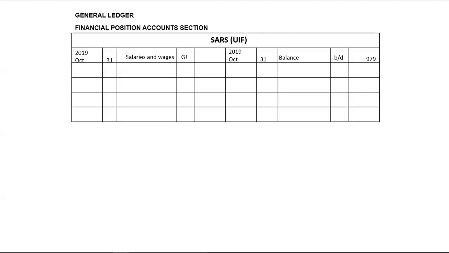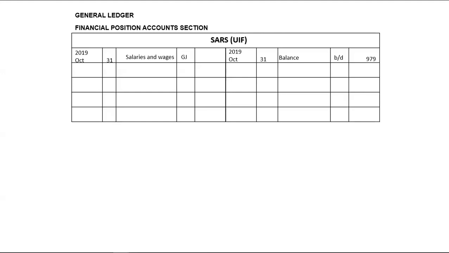The reason why I'm writing there salaries and wages and not separate accounts is because you were told that it will be included. All your contributions will be included in salaries and wages. If they were not included in salaries and wages, then I was going to have two separate accounts. One was going to be salaries and wages. The other one was going to be UIF contribution.